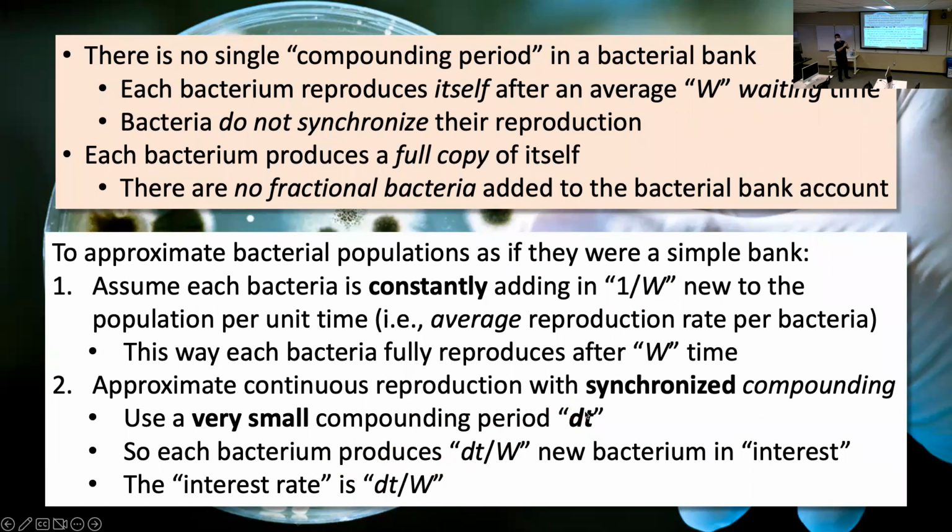And as long as we make dt really, really small, this bank balance should be very close to the average number of bacteria you would get in a real population. This may still be a little fuzzy, but let's walk through an example, and I think it'll start making more sense.